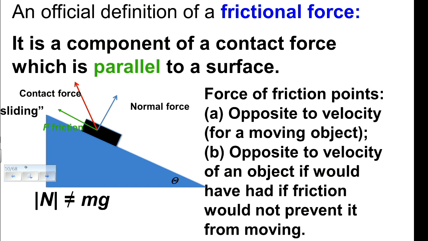So if we measure or calculate components of this force, this component we just said has the name normal force, but this component parallel to the surface has the name friction. That is an official definition. How can we calculate friction? Several slides later. It's just two definitions.